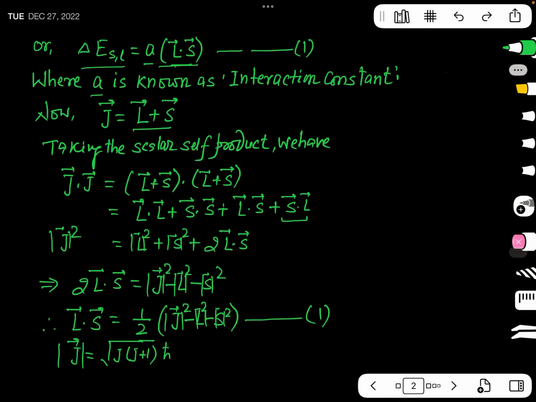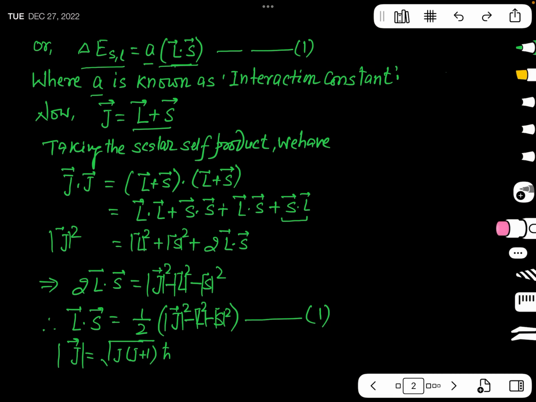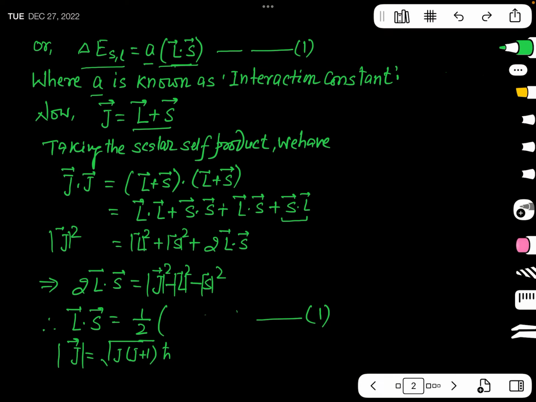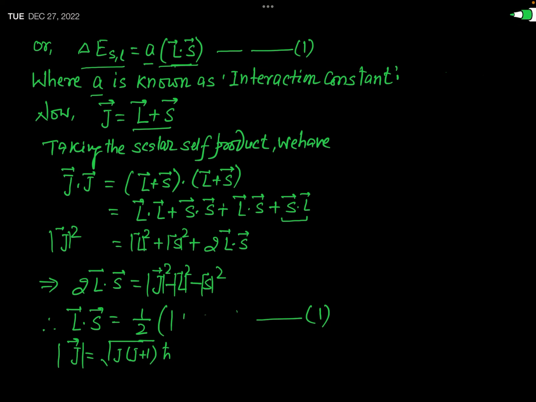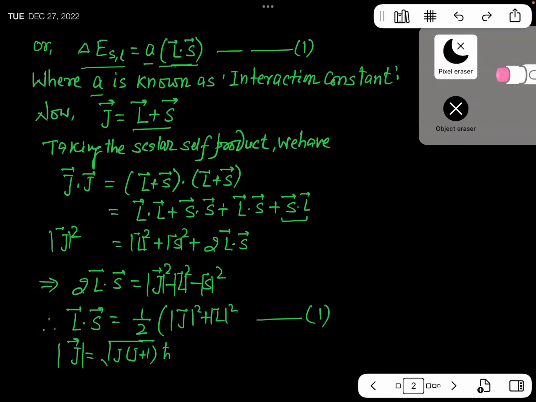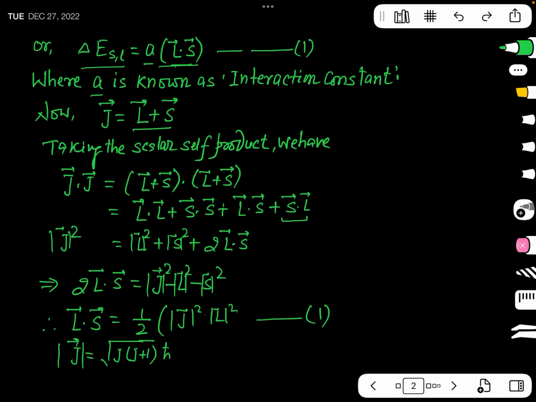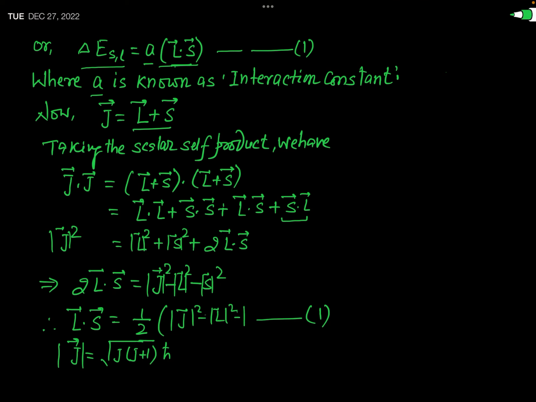I am again writing this. This is mod of j square minus mod of l square, and minus mod of vector s square.